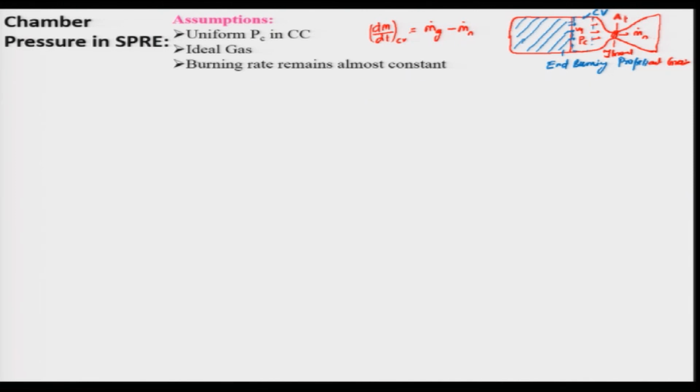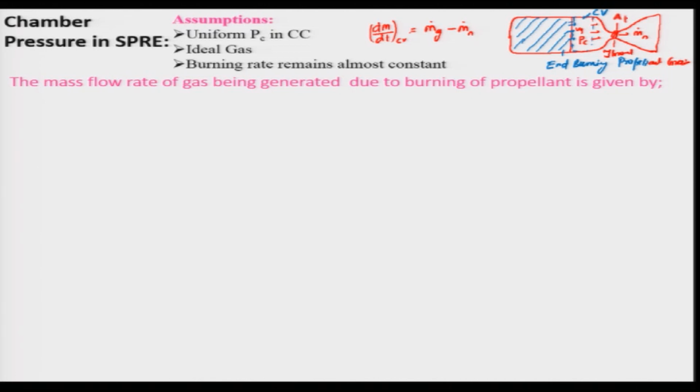So, we can calculate the mass flow rate of gas being generated due to burning of propellant as m dot p, which is equal to m dot g, and m dot p is nothing but rho p, that is the density of the propellant, A b is your cross sectional area, and R dot is your regression rate.